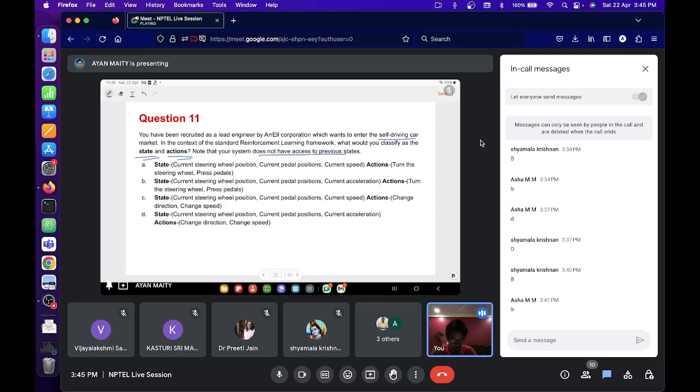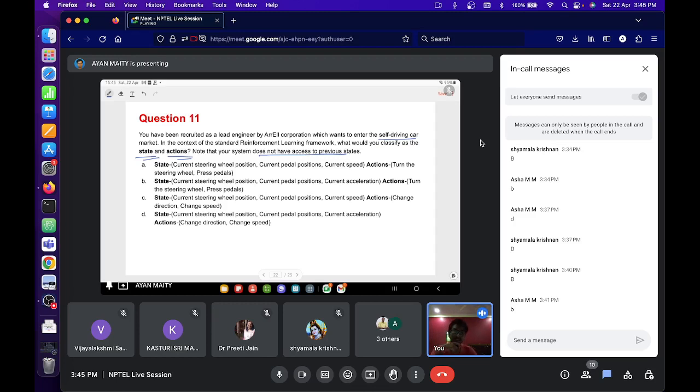Option C has the same states as A, steering wheel position, pedal position and speed, and actions are change direction and change speed. And option D is state should be the current steering wheel position, pedal position and acceleration, and action should be change direction and change speed.